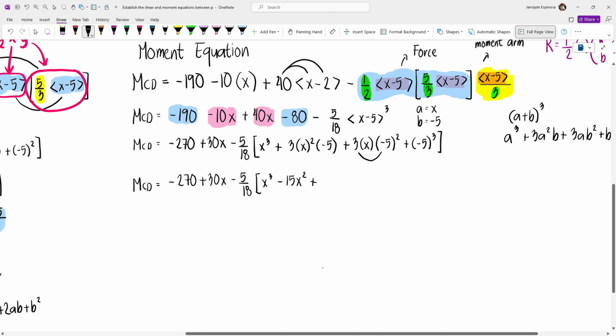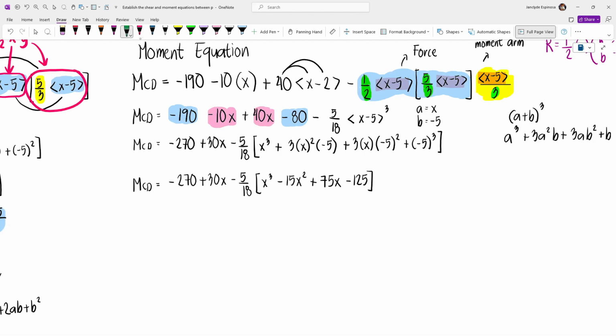Multiplied by 3, we have 75, so 75X, and the (negative 5) cubed, that will be minus 125. And so distributing this, we can expand the terms. So MCD becomes minus 270 plus 30X, and then minus 5 over 18 X cubed, and the negative 5 over 18 times negative 15X squared, that's going to be plus 25 over 6 times X squared.